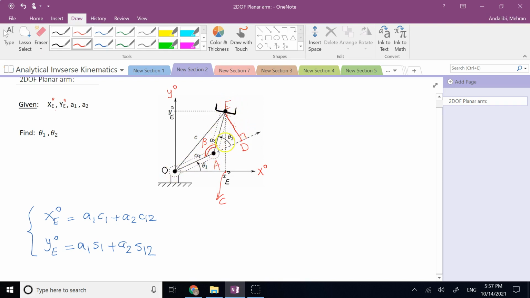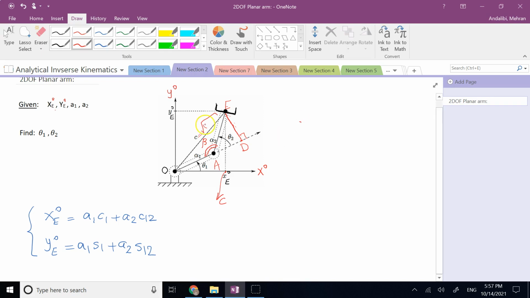In this triangle, 2 sides of it are A1 and A2, and this side, which I called C, the hypotenuse, is clearly the square root of x of end effector squared plus y of end effector squared, right? It's the hypotenuse of the triangle OEC.